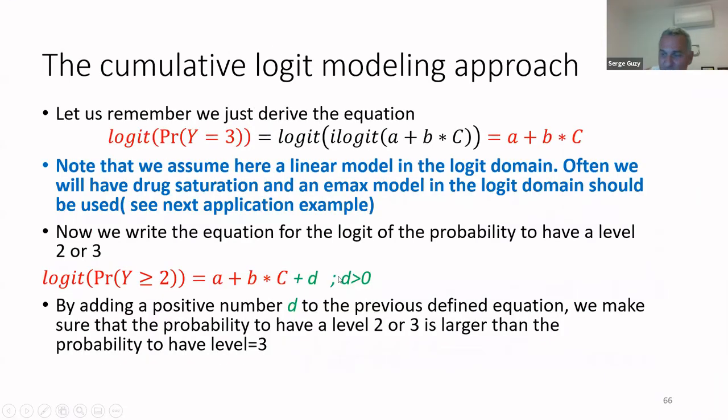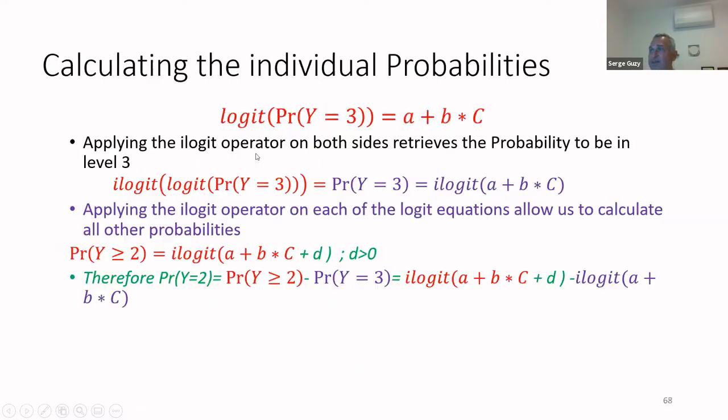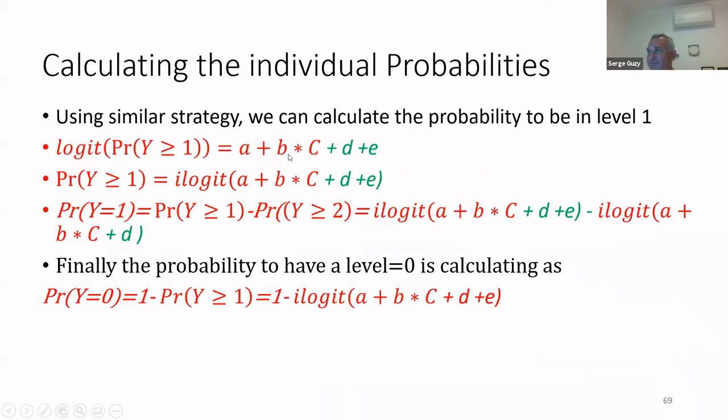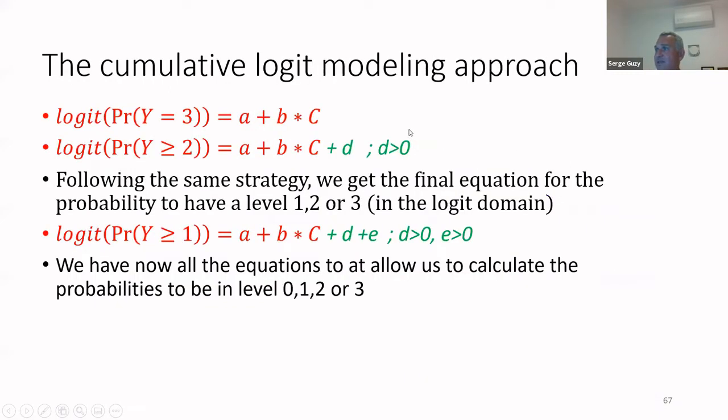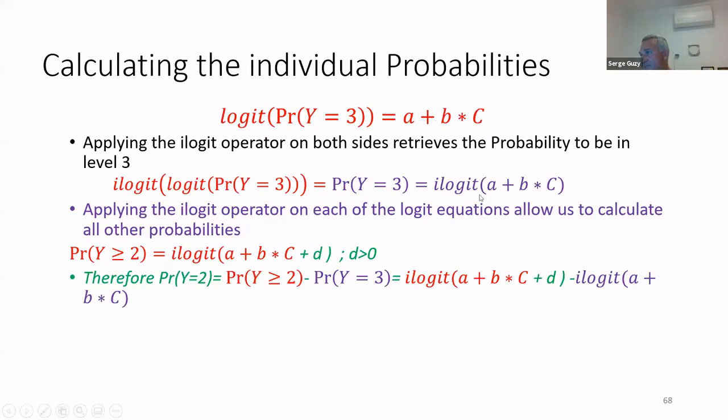And now let me show you what I did before. Remember that before I defined the probability to get in level 3 in the logit domain. The probability to get level 3 in the logit domain, I defined as A plus B multiplied by C. We just did that.